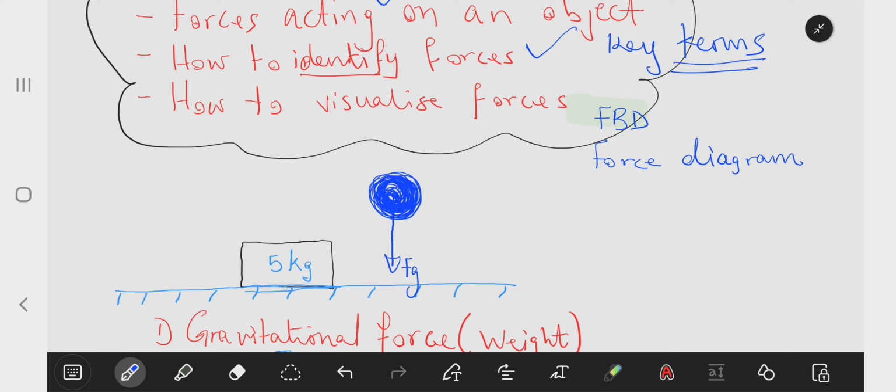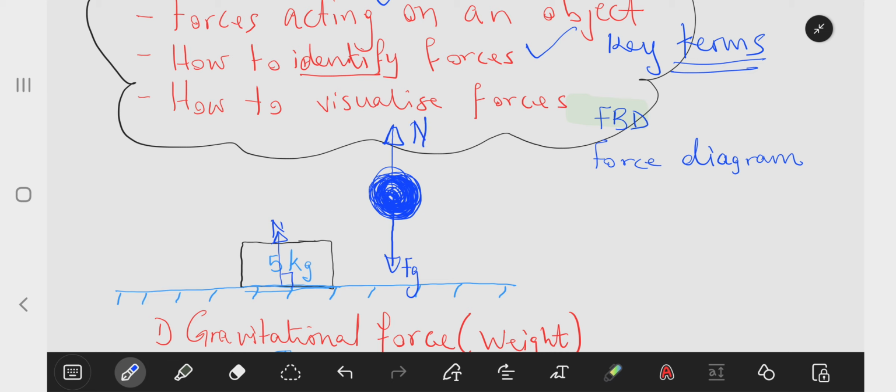And also, normal force is always perpendicular to the surface. So it means in this case, it would go like that. So there should be a 90 degrees between the surface and the normal force.